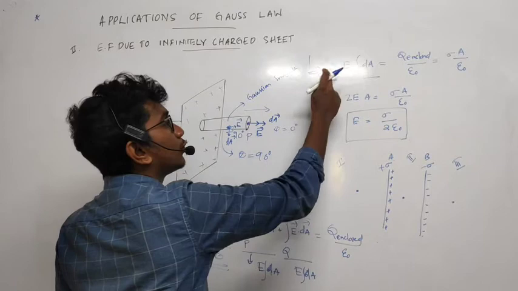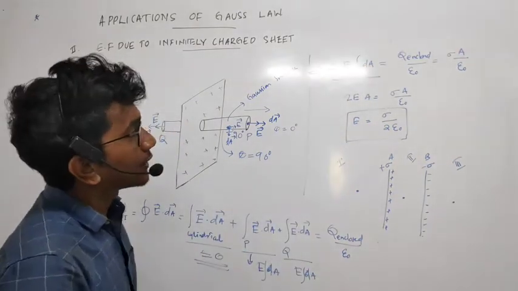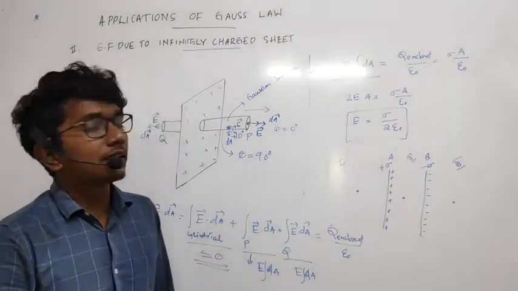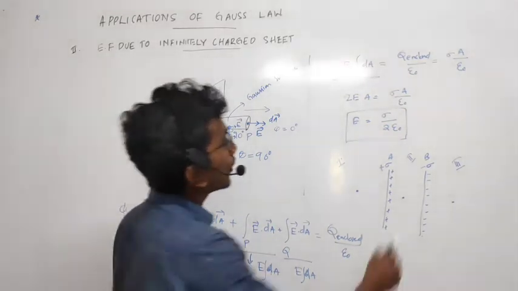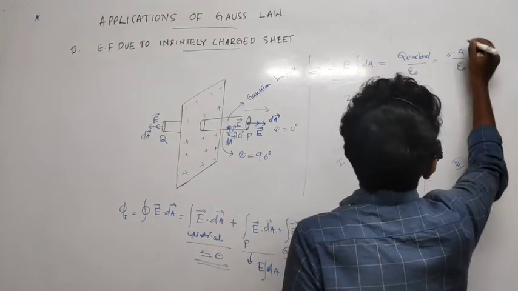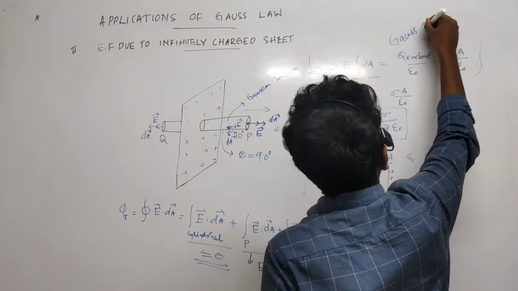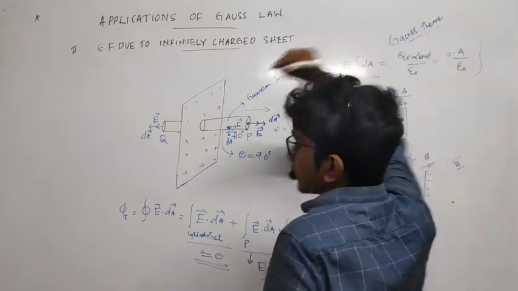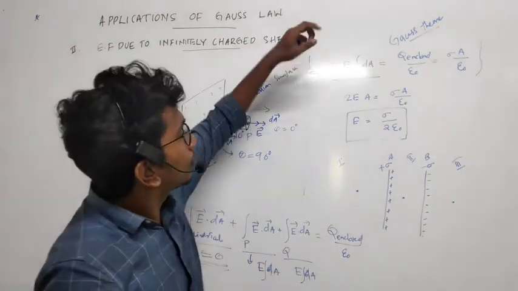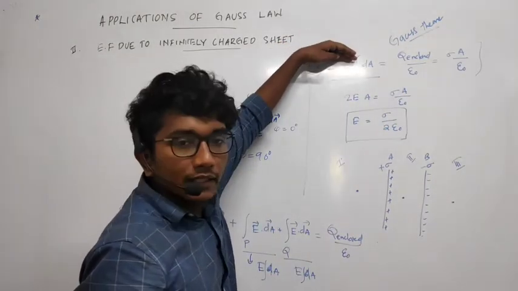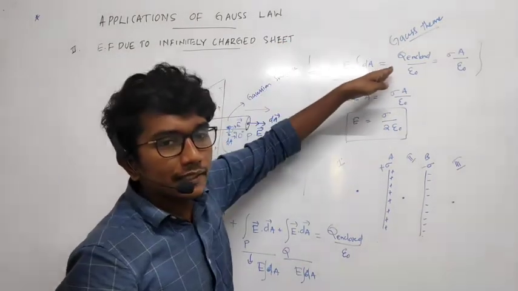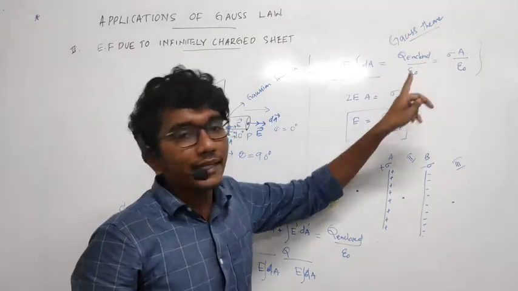So I can write 2 into the integral of E dot dA is equal to Q enclosed divided by epsilon 0. Now only we have applied the Gauss law. It is very clear that 2 E integral dA equals Q enclosed by epsilon 0.